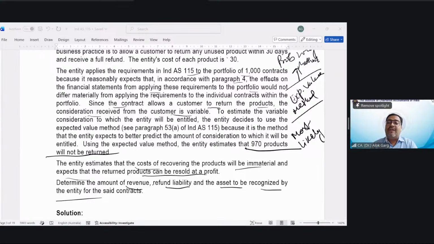So you will debit your bank account. You will debit your bank account by what amount? You have to debit your bank account by 1,000 multiplied by 50, that is 50,000 rupees. Tell me at what value you will credit.